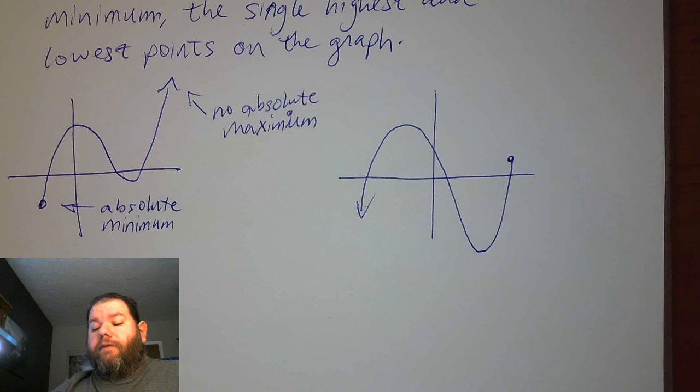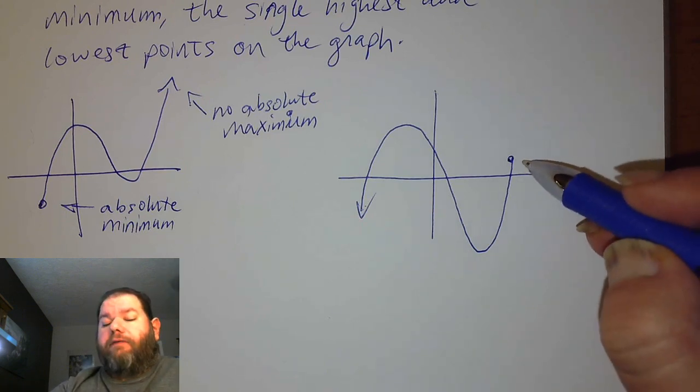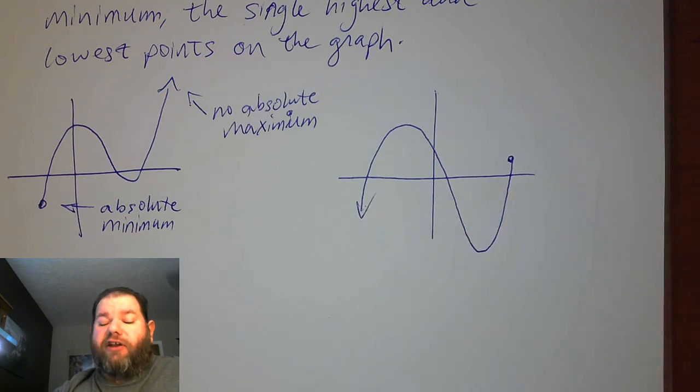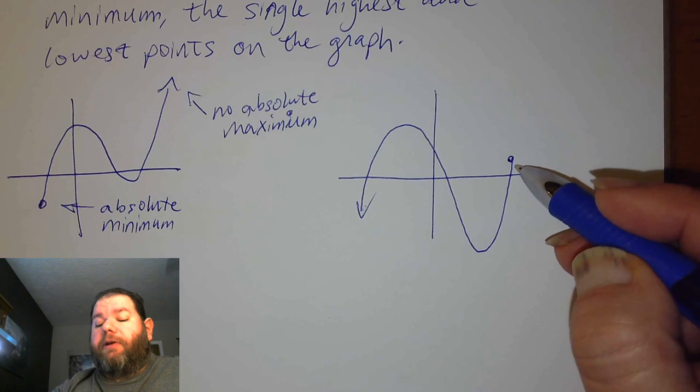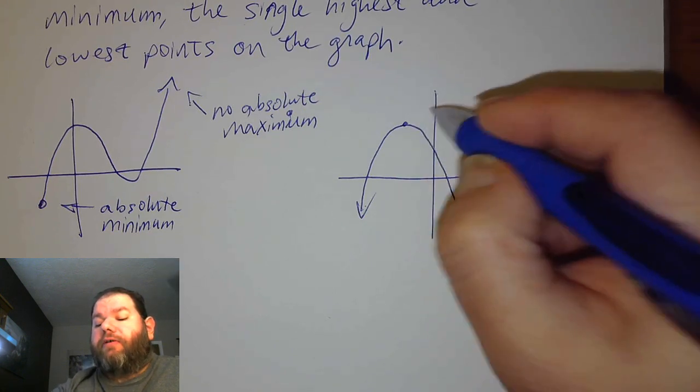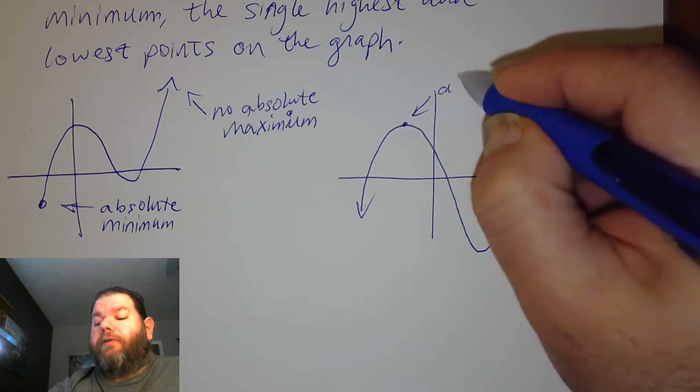For this graph, we see the graph stops here, and over here it does have an arrow saying it continues downward. So the graph stops here, but this part is actually higher. So there's going to be a point on this curve where we do have an absolute maximum.